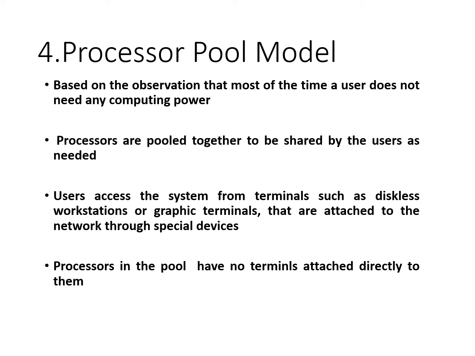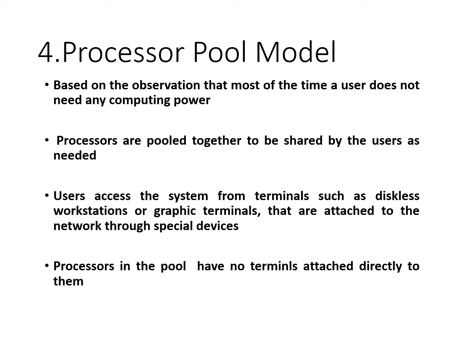For example, when recompiling a program consisting of a large number of files after changing a basic shared declaration. So unlike the workstation server model in which a processor is allocated to each user, in the processor pool model, the processors are pooled together to be shared by the users as needed.